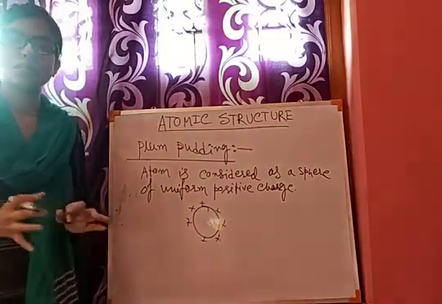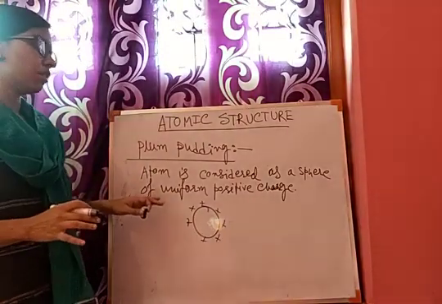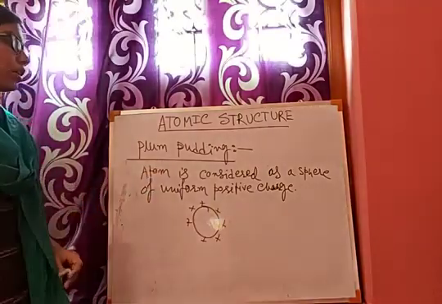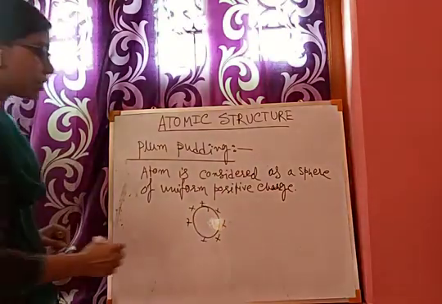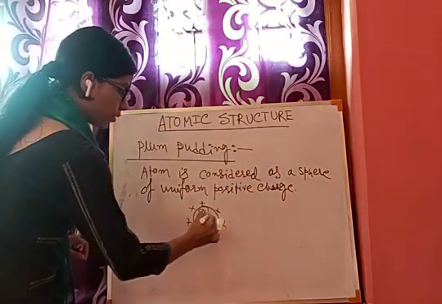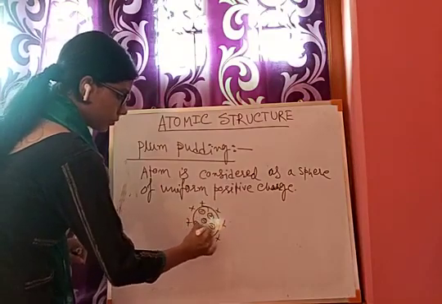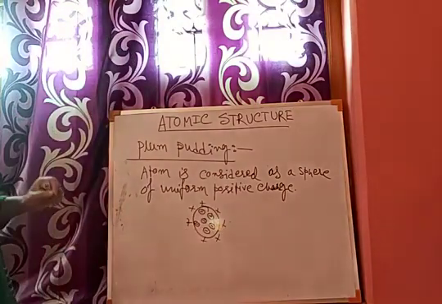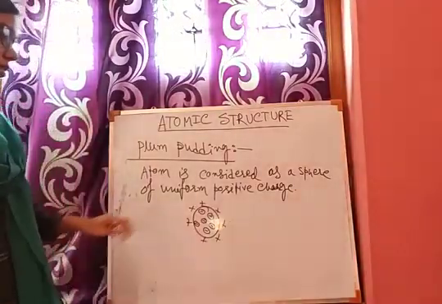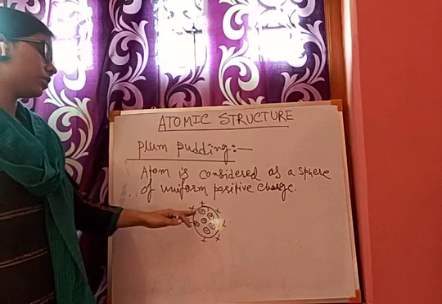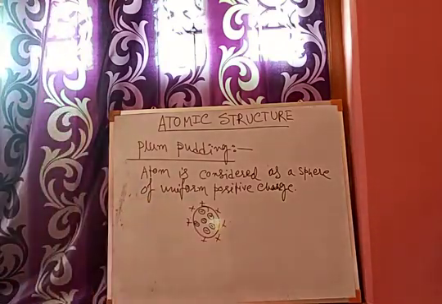Inside the sphere, the positive charges are uniformly distributed, and the second theory is, in the plum pudding model, the electrons are embedded within that model, just like the seeds of a fruit, embedded within that sphere.